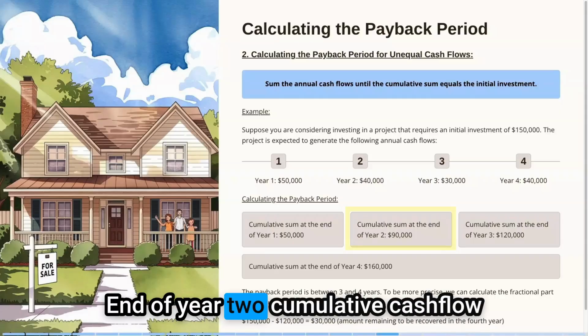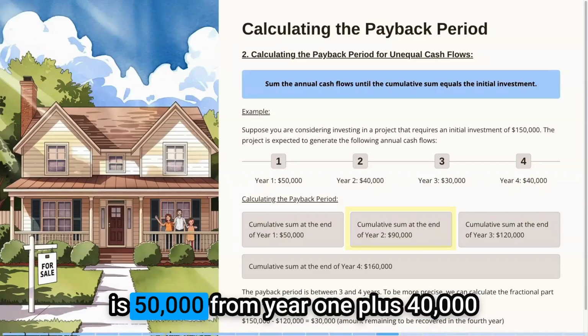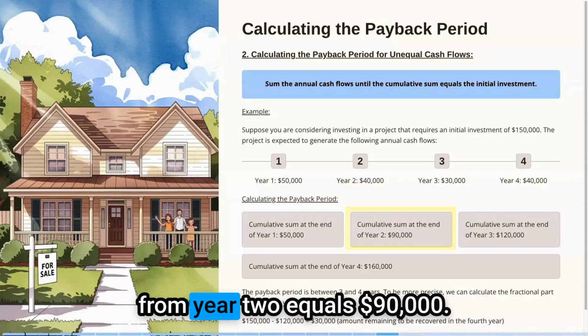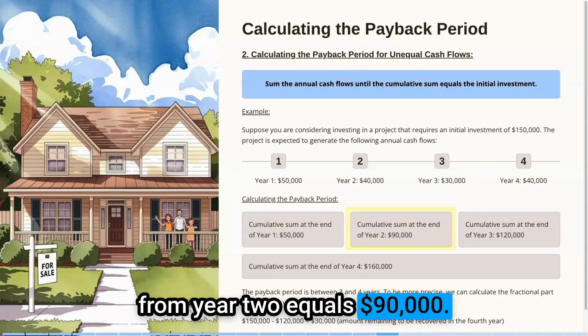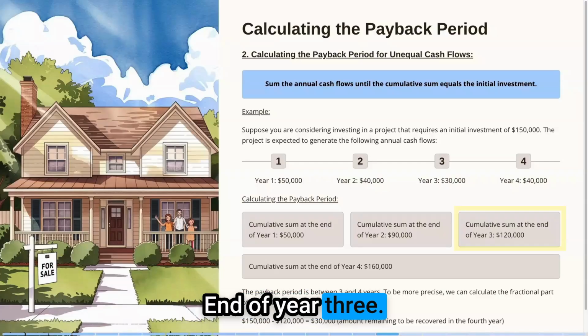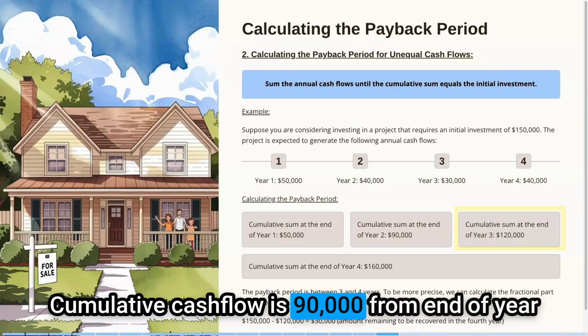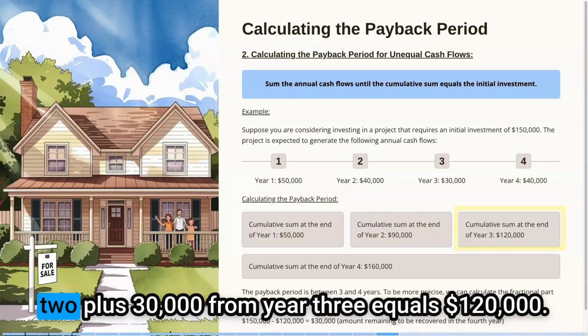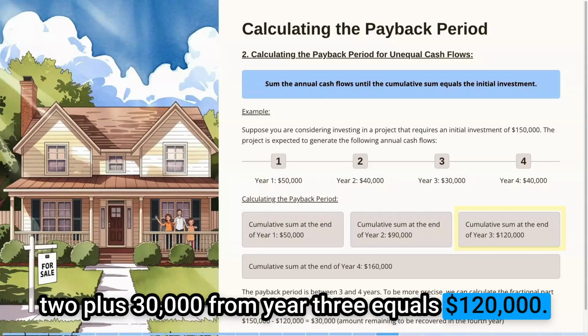End of year 2. Cumulative cash flow is $50,000 from year 1 plus $40,000 from year 2 equals $90,000. Still need $60,000 more. End of year 3. Cumulative cash flow is $90,000 from end of year 2 plus $30,000 from year 3 equals $120,000.